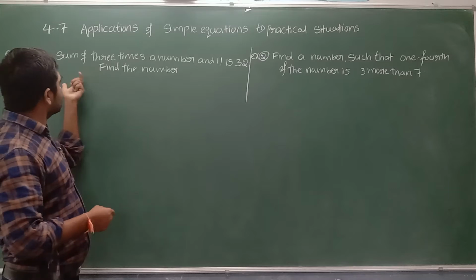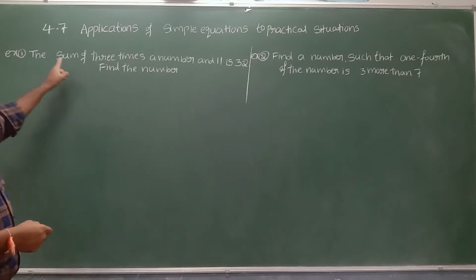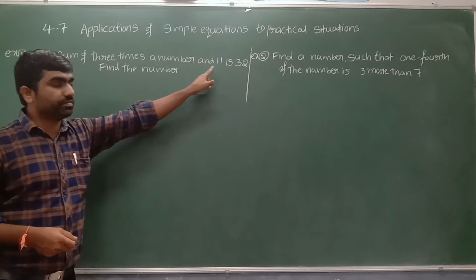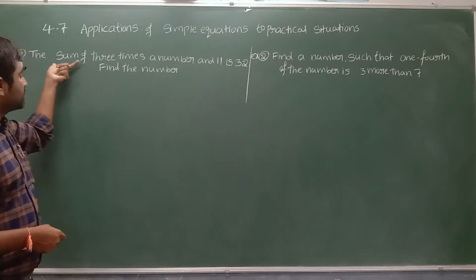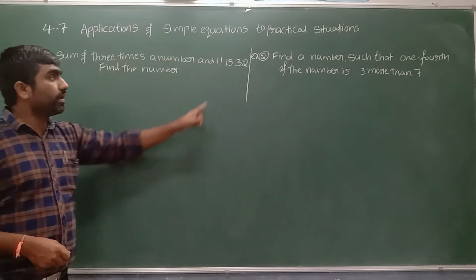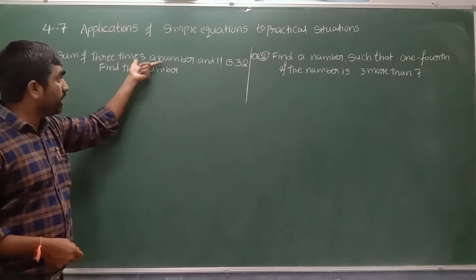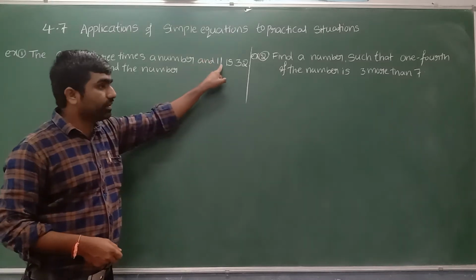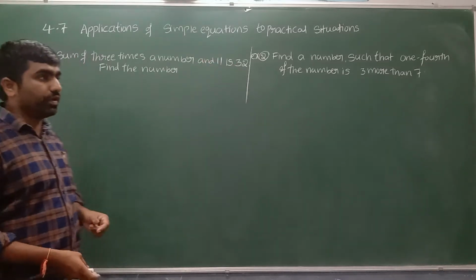They said the sum of 3 times a number and 11, which means addition of 3 times a number and 11, and the result is 32.